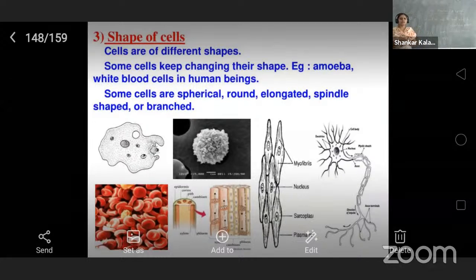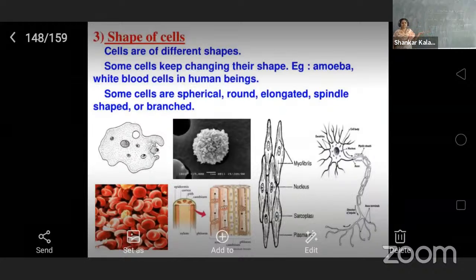Cells are of different shapes, which means some cells keep changing their shape. For example, amoeba changes its shape. You can see the amoeba in any shape. It does not have a definite shape.